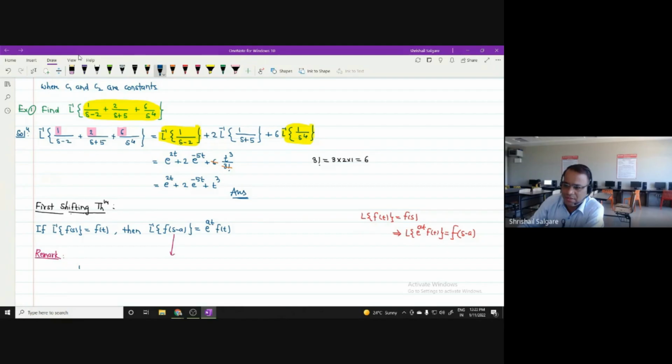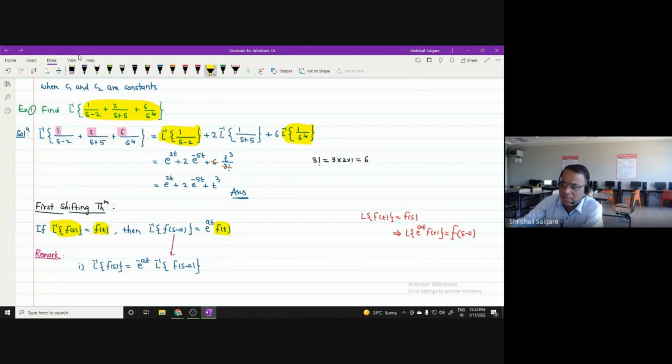L inverse of f of s can be written as e to the power minus at into L inverse of f of s minus a. What I did, can anyone guess? I am replacing this f of t by this operator only. I'm changing the position.